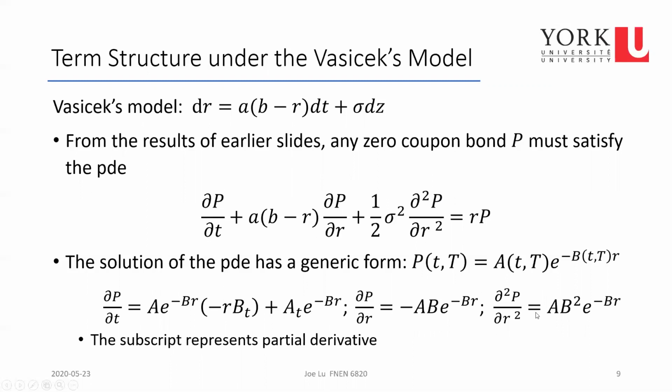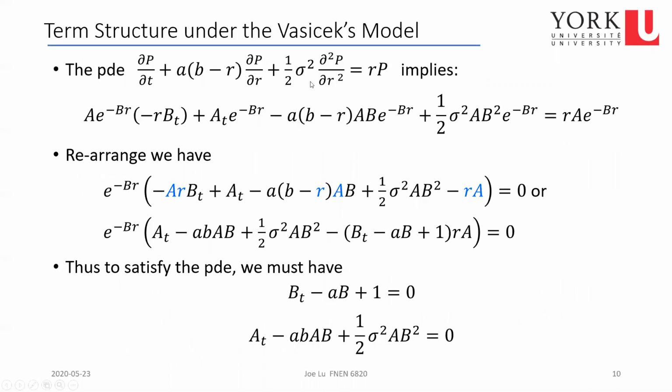So we can plug those expressions back into the PDE, since we know that the solution will take this form. Once we have done that, we basically have this here.